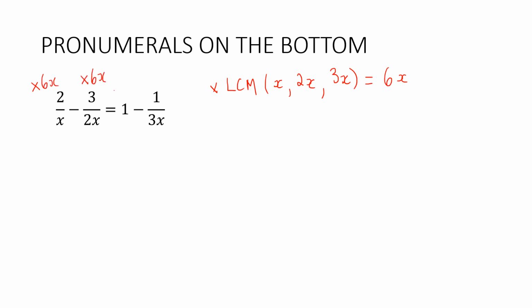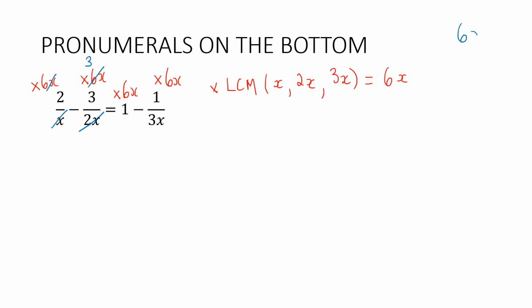There are 4 terms. Don't miss one of them. Now, you should with this see the beauty of this method because it's going to fall out into something reasonable in one go. X into 6x goes 6 times. 2x into 6x goes 3 times.